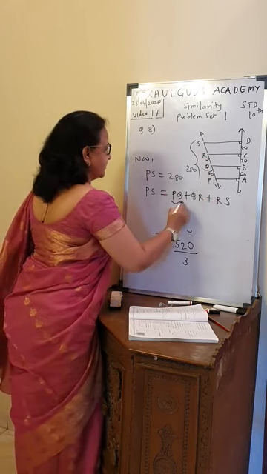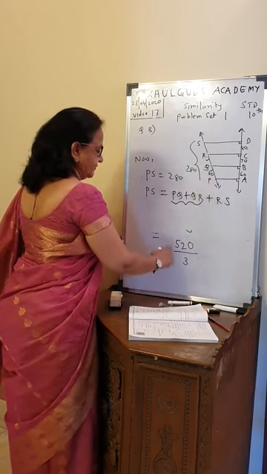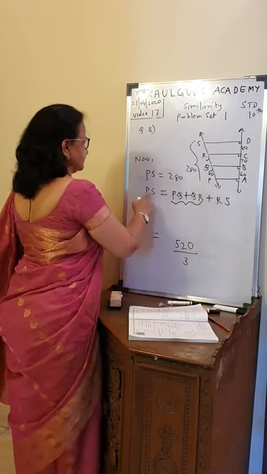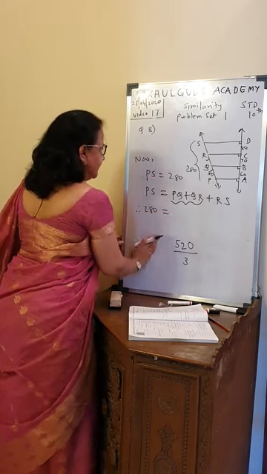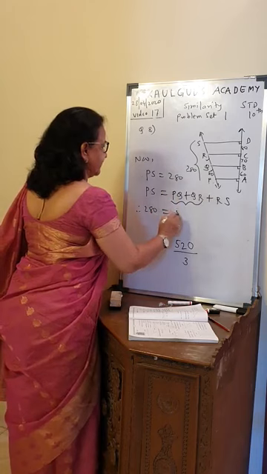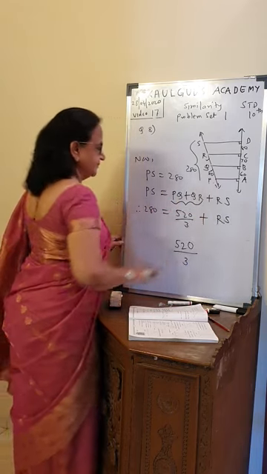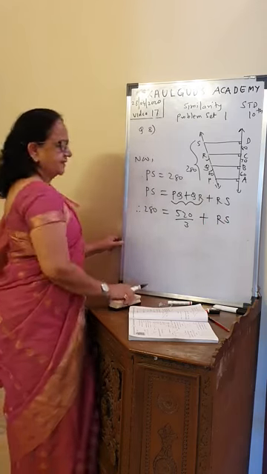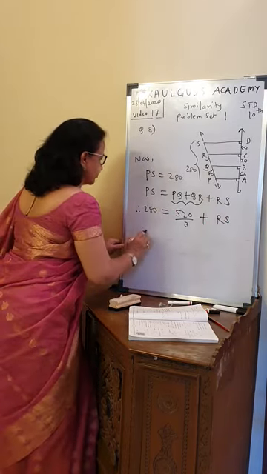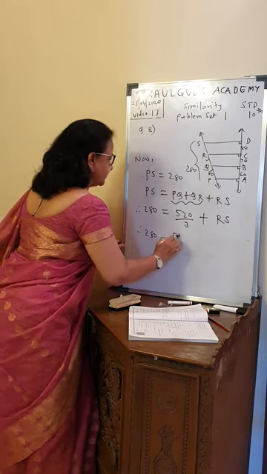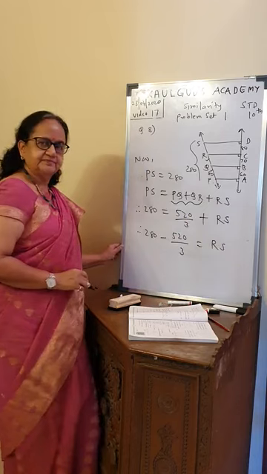Now PQ plus QR we found out, that came out to 520 upon 3, so I am going to substitute. 280 will be equal to 520 upon 3 plus the last part, RS. Bring this number to the left side, it will be subtraction. So 280 minus 520 upon 3 should be equal to the value of RS.